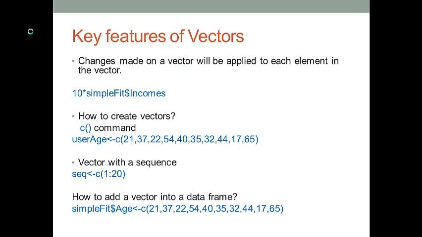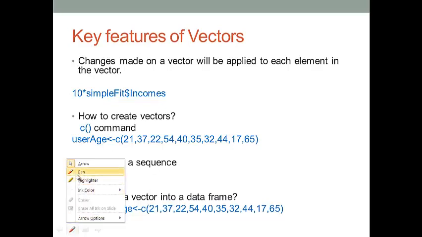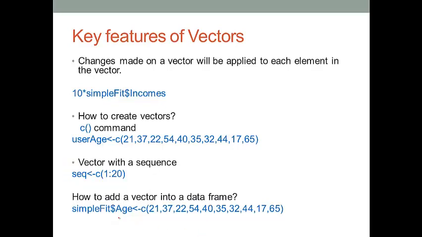What if I want to add a new vector into a data frame? What should I do? First, we use the c command to create a new vector, and then we add it into the data frame. This slide shows everyone an example. Suppose we want to add a new vector called age in the simple fit data frame.